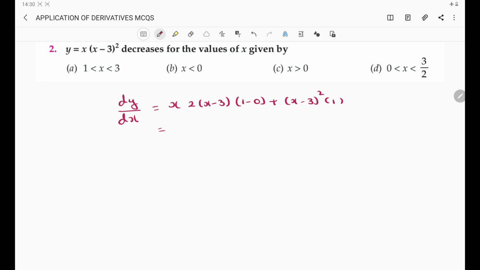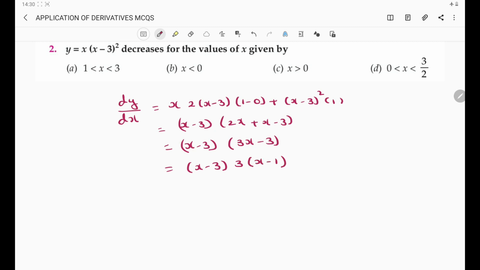We can take x minus 3 common and we get 2x plus x minus 3. So, this is x minus 3 into 3x minus 3. Taking 3 common, we get 3 times x minus 1. Again we have to check where it is decreasing.